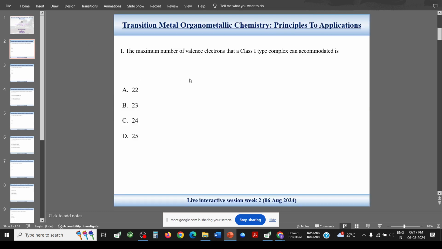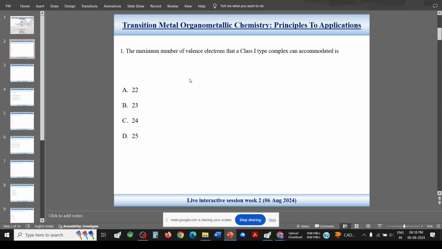As we discussed briefly at the start of this course, there are different classes of organometallic compounds, and we will also discuss in detail the MO diagram and how we classify these three classes, class 1, class 2 and class 3, depending on the energy difference and electron filling of this compound using the simplified MO diagram.